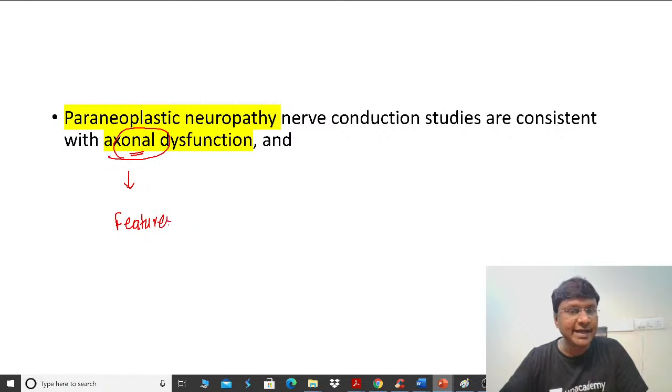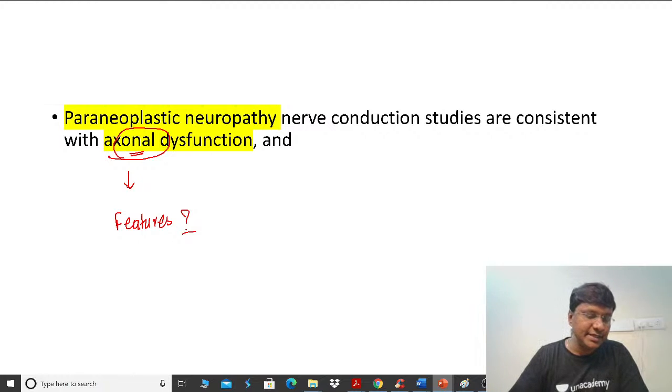In case of axonal neuropathy, please tell me, is it the distal part of your limbs commonly affected or the proximal part of the limbs commonly affected? Peripheral neuropathy itself is the distal part of the limbs which are commonly affected.